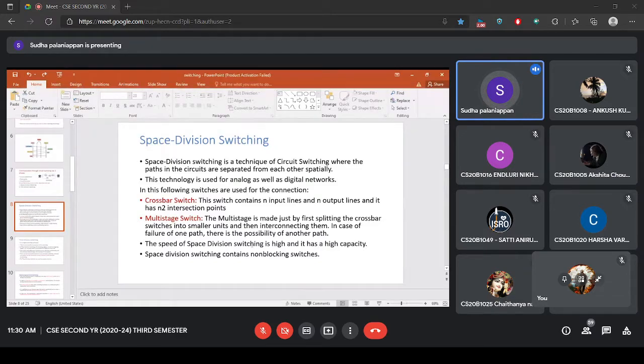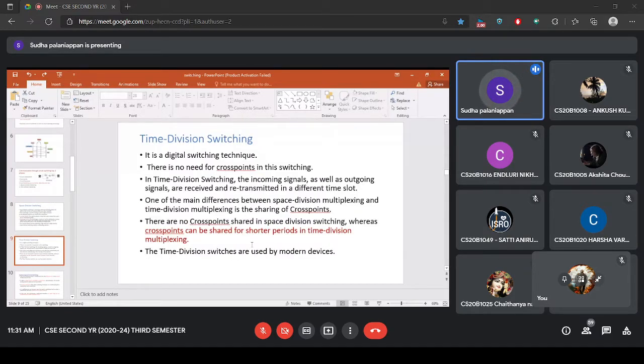That is why it is called non-blocking, right? A non-blocking device can connect n input and n output lines, and it always makes a connection. So space division switching contains non-blocking switches, right?